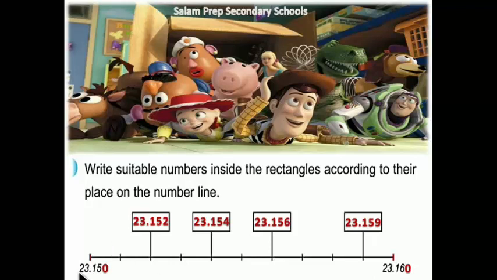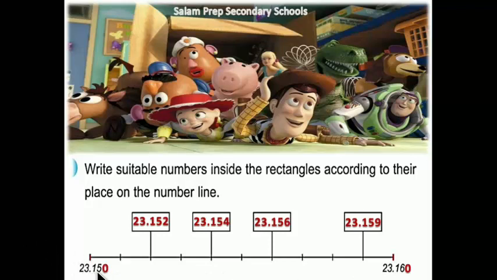So the number is 23 and 150 thousandths, 23 and 160 thousandths. Now we can write the decimal numbers between them.